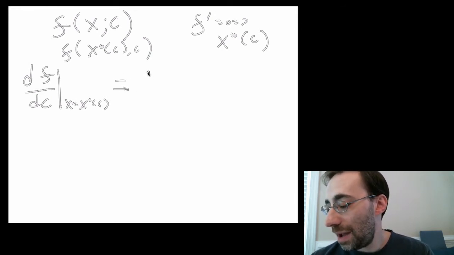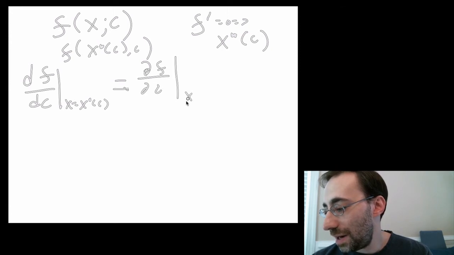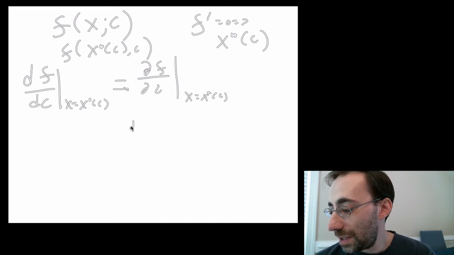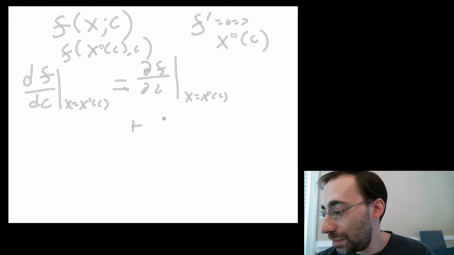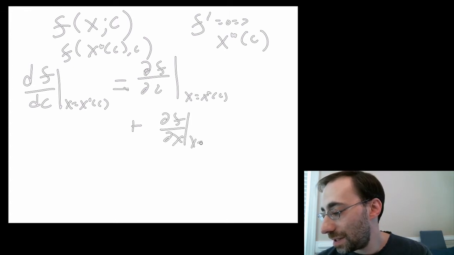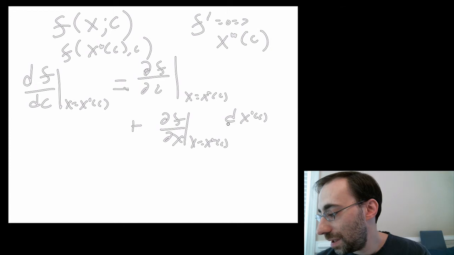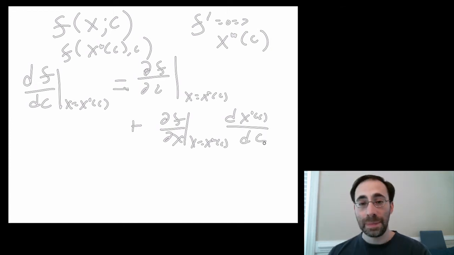So here's the direct term first, partial f, partial c, evaluated at x equals x star, plus the indirect term, which is partial f, partial x, evaluated at x equals x star, times dx star of c, dc.